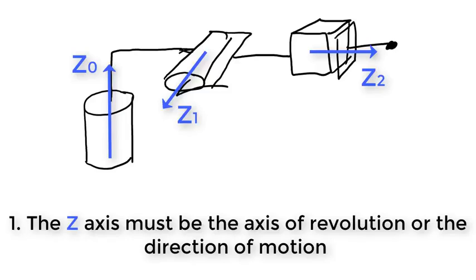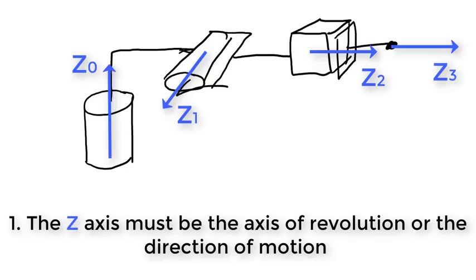Anytime the rule doesn't apply, the direction of the axis is our free choice. So here, I could draw the z-axis in any direction I want. If I draw it in the same direction as the last z-axis, my math will be simplified in future steps. But this isn't an actual rule. You can draw the z-axis any direction you want here.